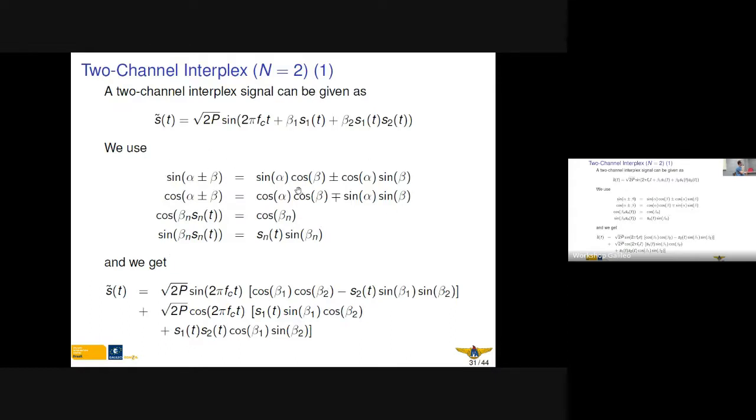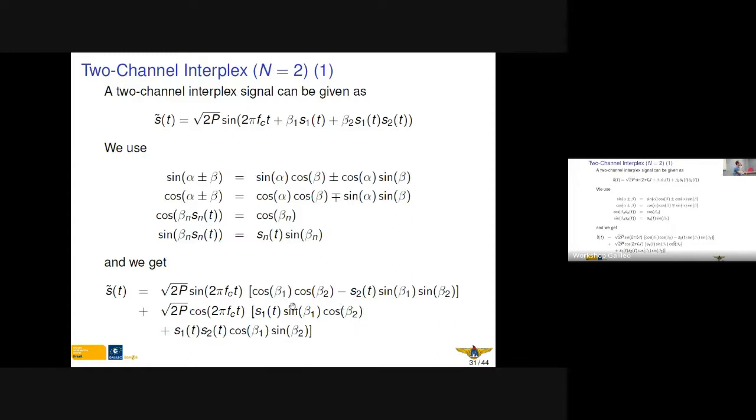The first ones are classical theorems from trigonometry, and then we can also assume here, as Sn is binary, that the cosine of beta n times Sn is equivalent to cosine of beta n, and because Sn is binary, you can also state that the sine of beta n times Sn is Sn times sine of beta n.